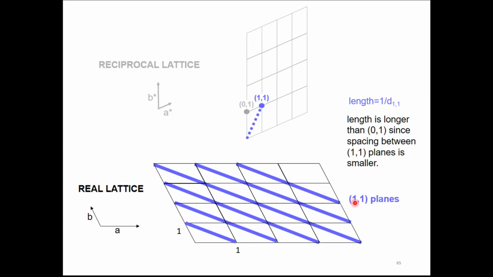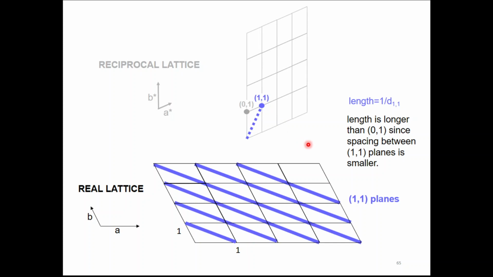So that's why this is the 1 1 plane, in 2 dimensions. And so we have only one spot in here instead of the planes, and this is indexed as 1 1, right? Quite interesting.